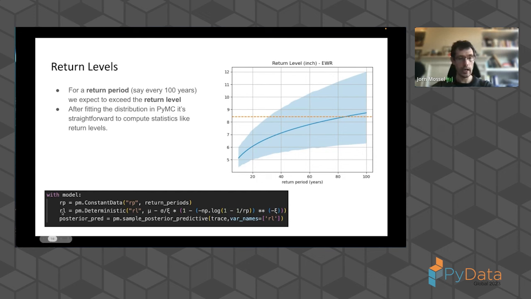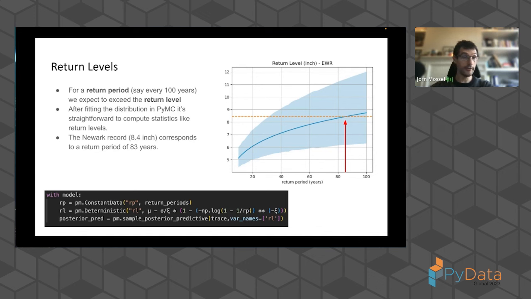Then I compute the return level based on the return period as a function of these parameters, which again are distributions. Hence the output is also a distribution for each of the return periods. You can think of the thick blue line as the mean of that distribution for each return period, and its width as the uncertainty.